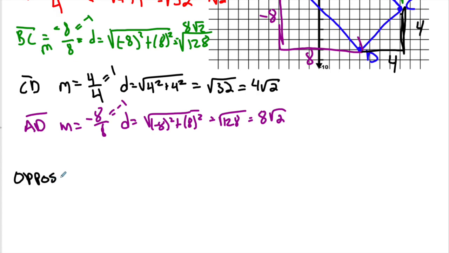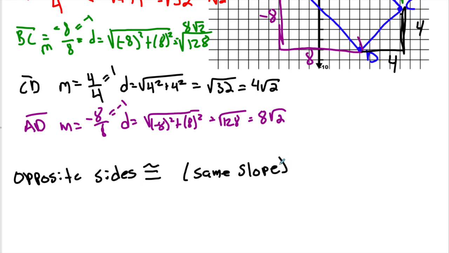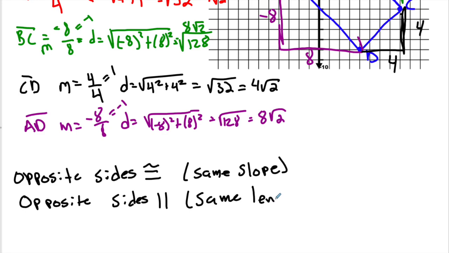So, we know opposite sides are congruent, same slope. And you're allowed to say that because there's clear work showing the slopes are the same. Now you have opposite sides are parallel, same length. You could say length or distance.